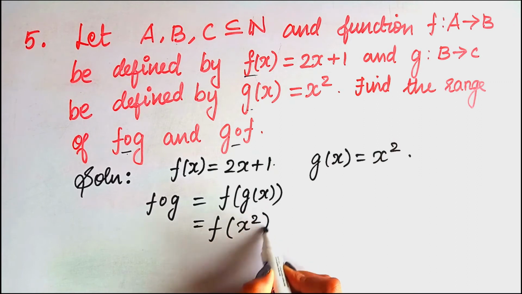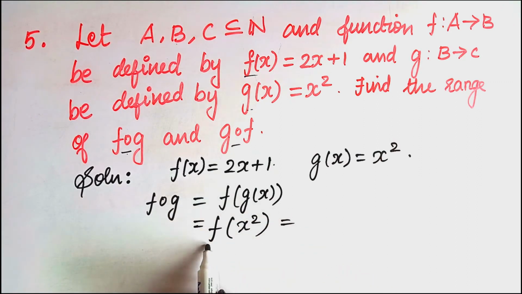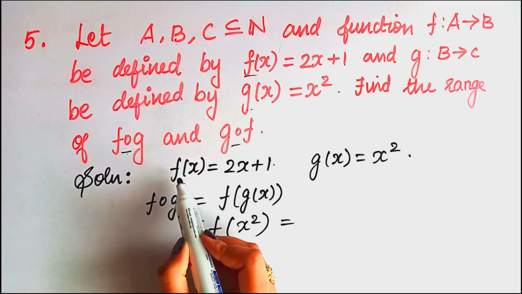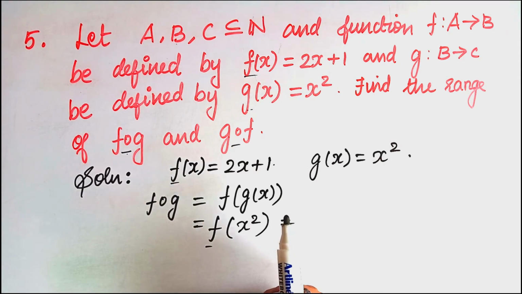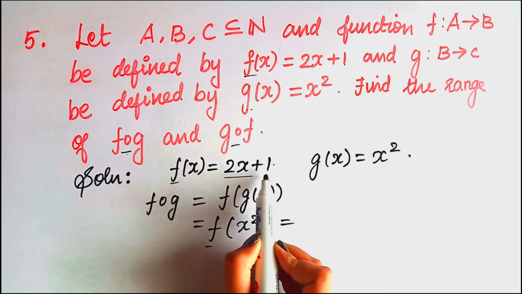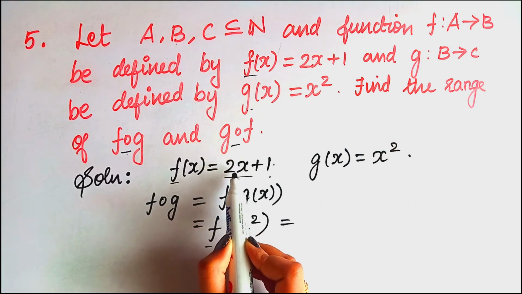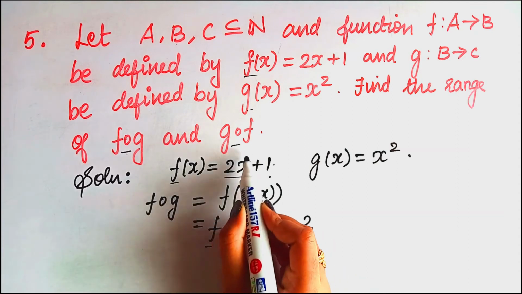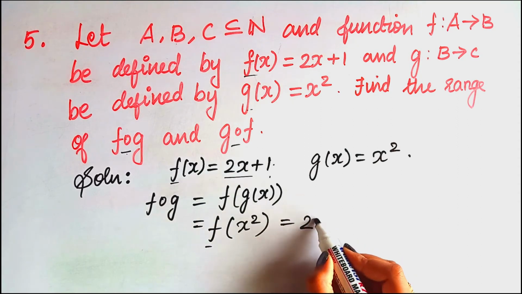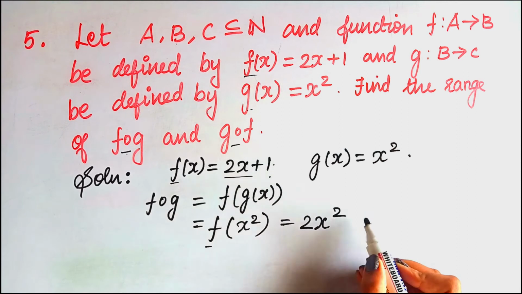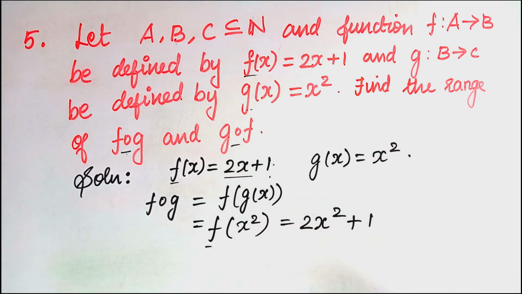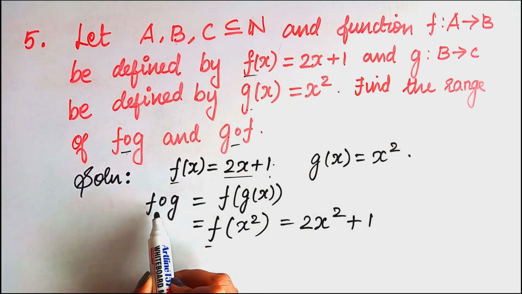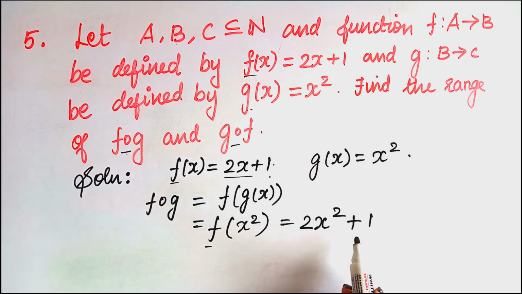The function is f here, and the only difference is that in place of x we have x square. So in this equation, in place of x you are going to substitute x square. So you'll get 2, then in place of x we substitute x square, plus 1. Therefore we have found the value of f dot g, which is 2x square plus 1.